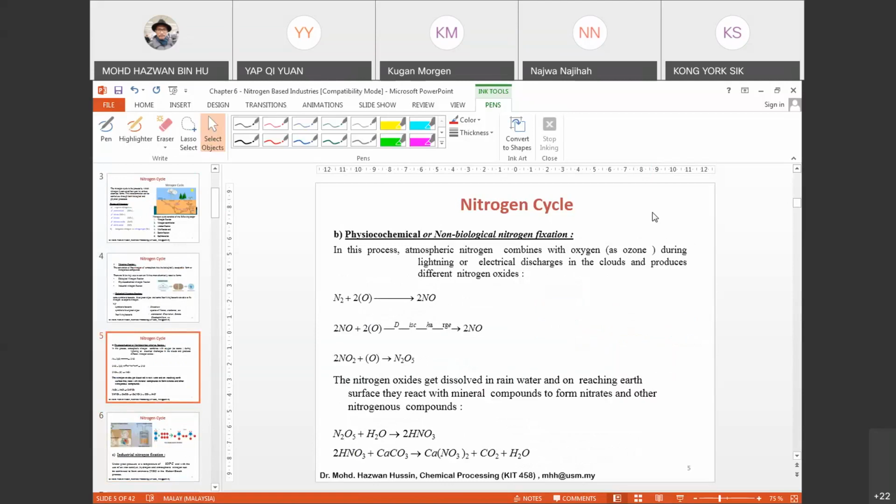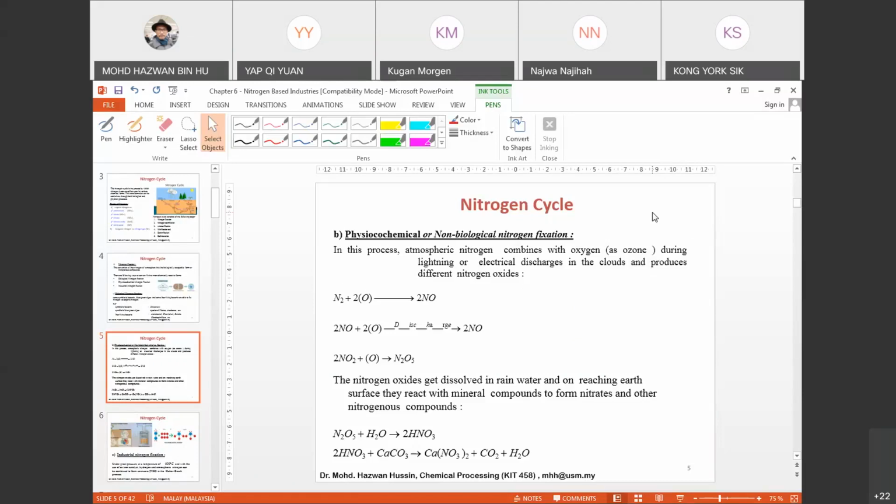So in this case, nitrogen gas reacts with oxygen to form nitrogen oxide, and from this, the nitrogen oxide will be converted into nitrous oxide. The nitrogen oxide gets dissolved in rain and reaches Earth's surface, where it can react with mineral compounds to form nitrates and other nitrogenous compounds.